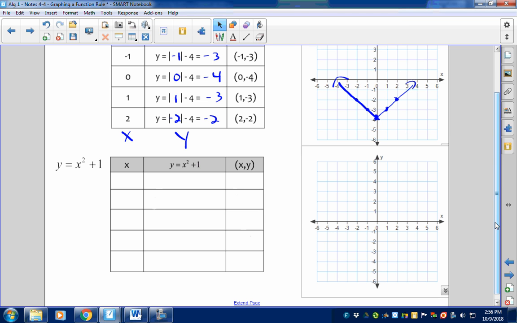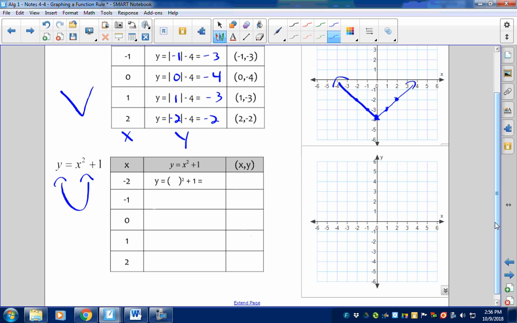Whereas an x squared graph has a different general shape. It's called a parabola. It will have a shape that looks like this, as opposed to our V up here. So let's go ahead and plug in these values here. If I plug in negative 2 and square it, what do I get? 5.